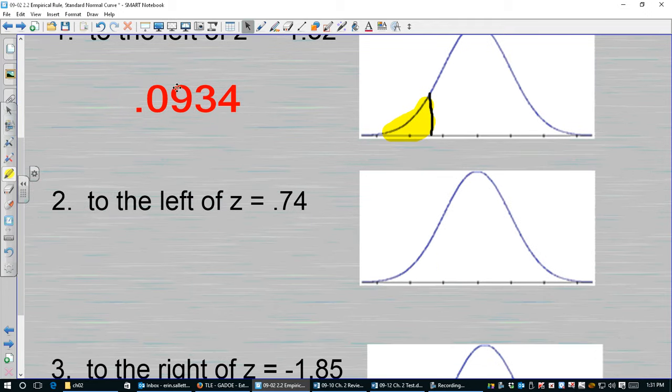Let's look to the left of a z-score of 0.74. 0.74, that's positive, so that's between your mean and one standard deviation. So almost one standard deviation. How about one right there? Now I want to the left of that, so this is the area that I want. Shade that in.